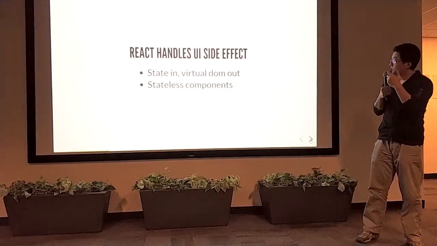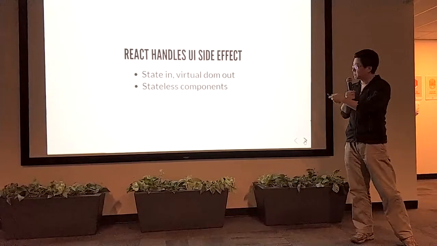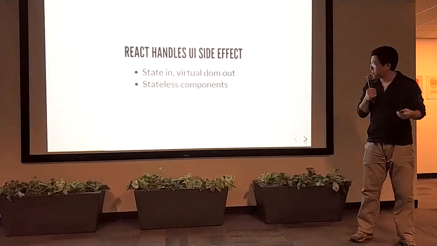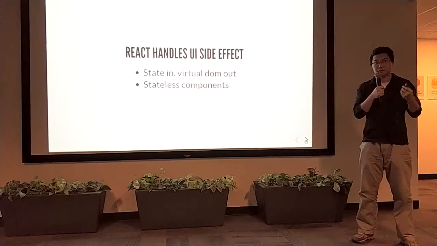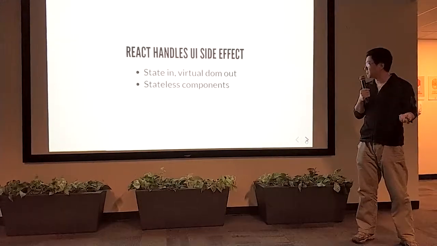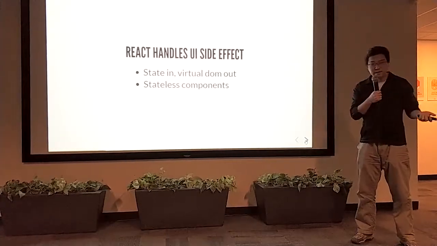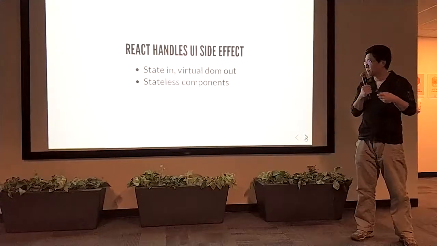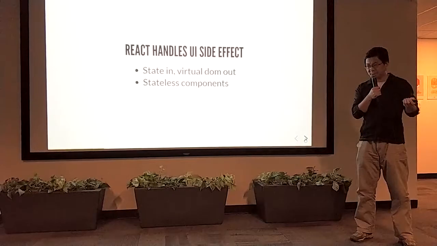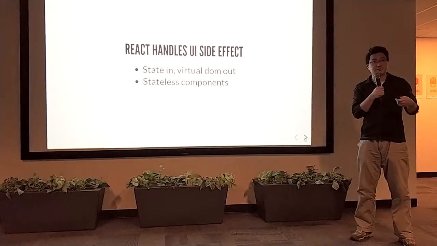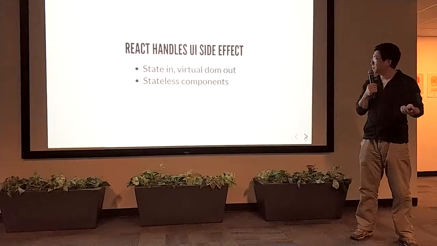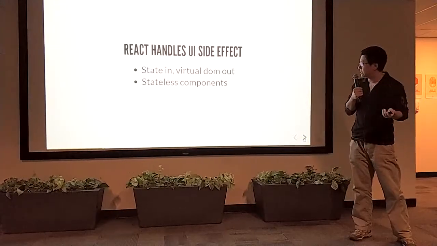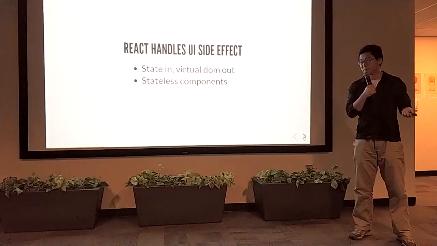Those pure functions, we call them stateless components. So ideally, all our components should be stateless components. But in reality, because sometimes we have to handle lifecycle events, we still have to create class components. But the idea is to write as many stateless components as possible.